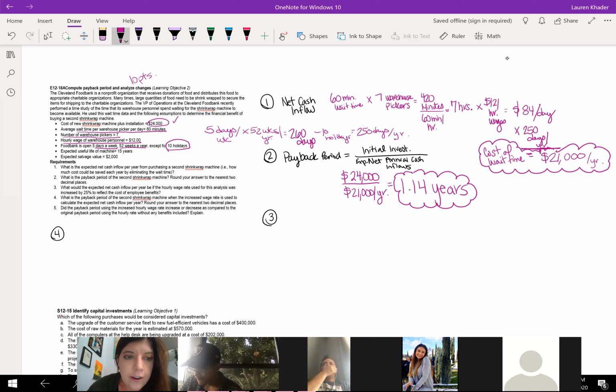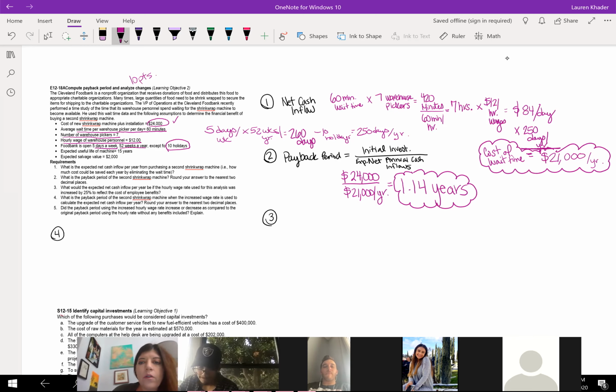Requirement 3. What would be the expected net cash inflow per year if the hourly wage rate used for this analysis was increased by 25% to reflect the cost of employees' benefits?